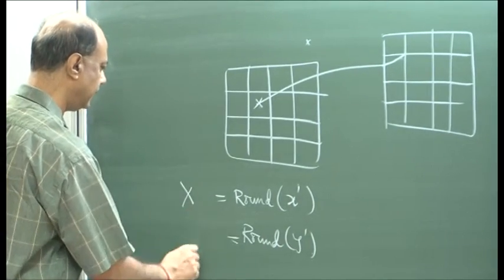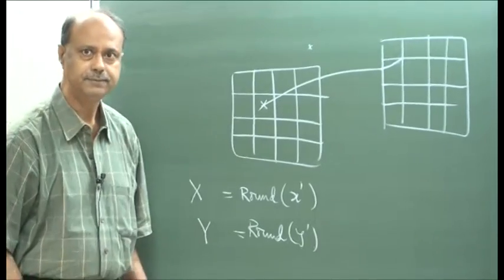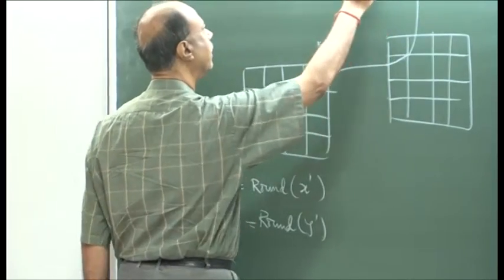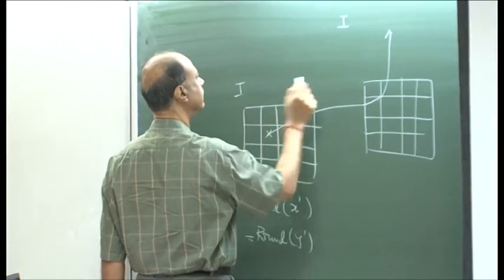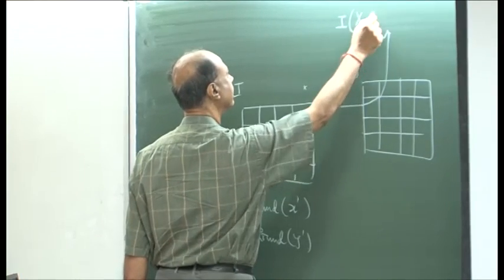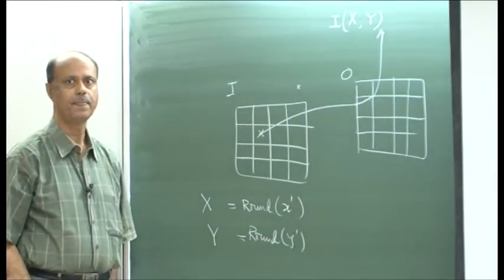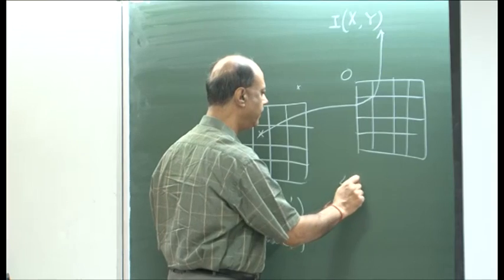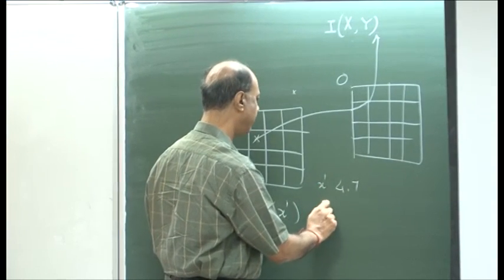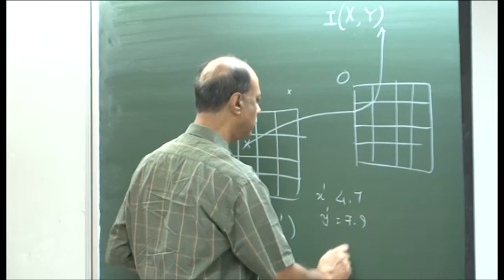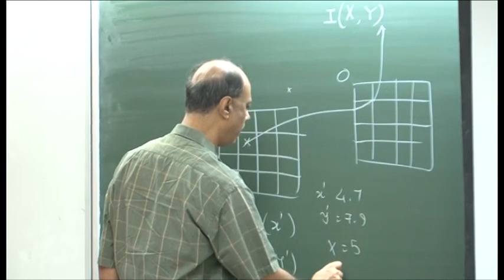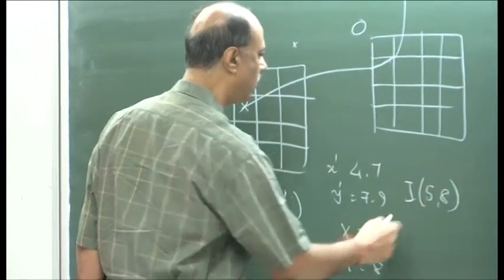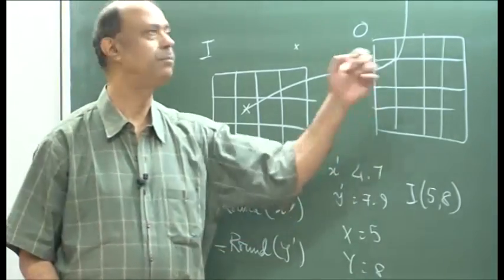Suppose this is capital X and this is capital Y. So, I can put this intensity value, which is nothing but I of capital X, capital Y, where this is the input image and this is the output image. Right? Round of x dash, suppose x dash is 4.7 and y dash is 7.9. So, round x is 5 and y is 8. So, I find out the intensity value of I58, that I will be putting here.